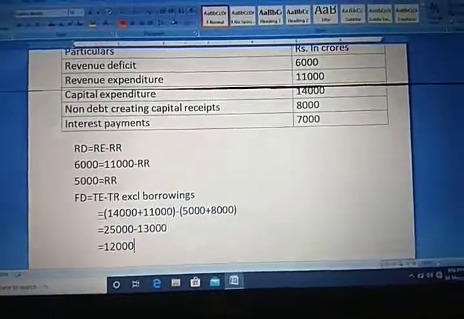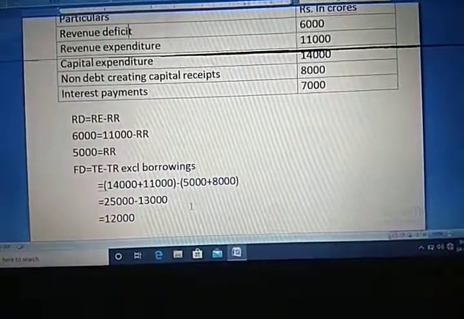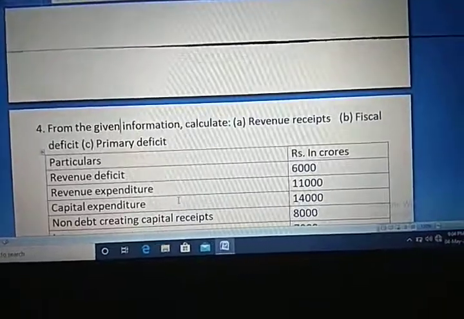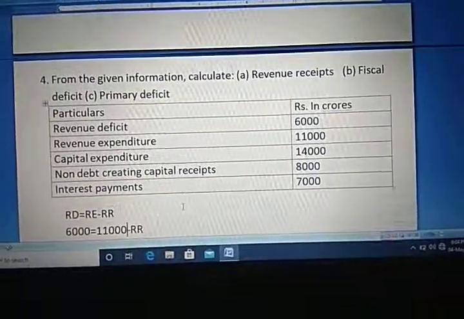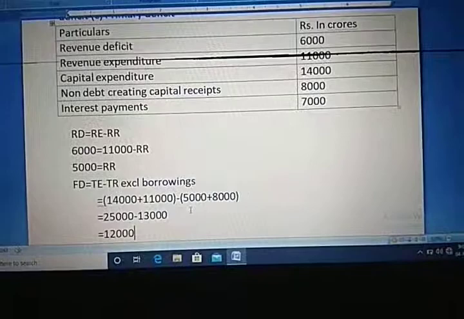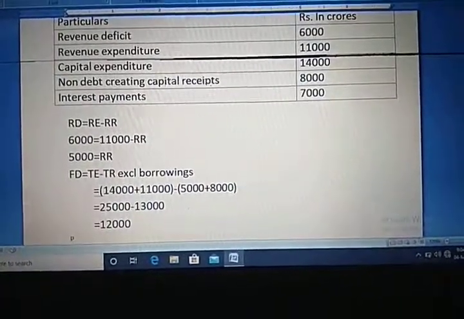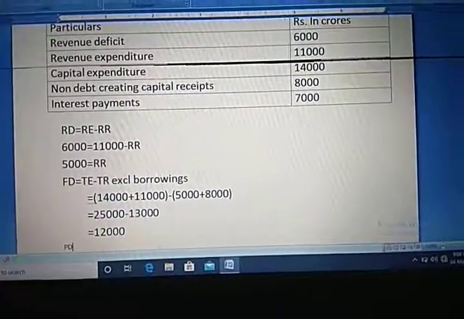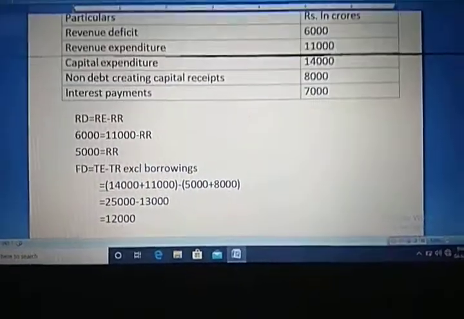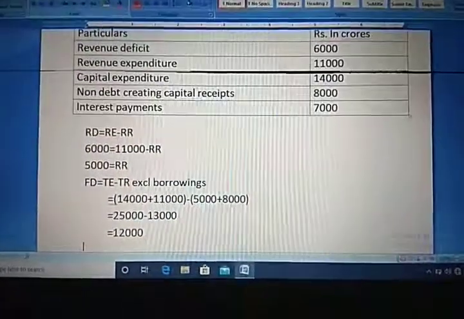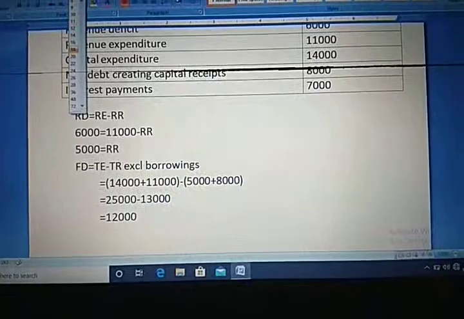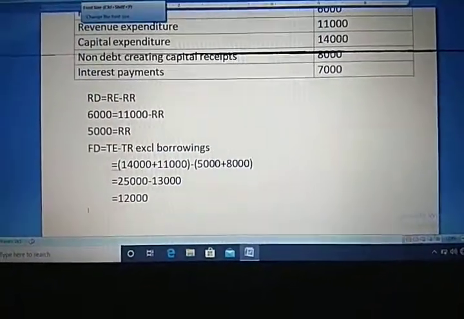Now the third thing which we have to calculate, students, as per the question, is the primary deficit, as you can see on the screen. We know the formula very well. Just one minute, let me increase the font size so that it is clearly visible to you all. I'm keeping it as 18.